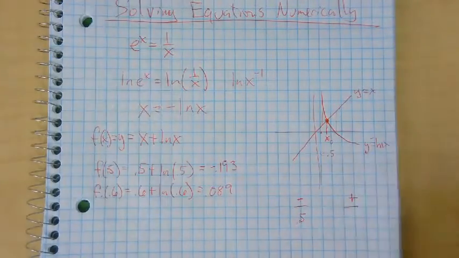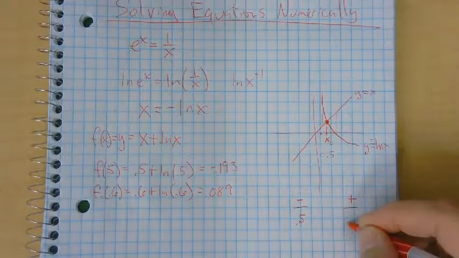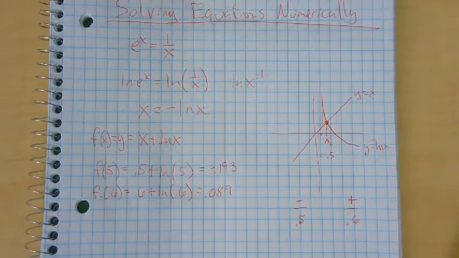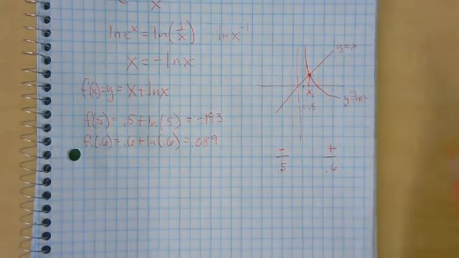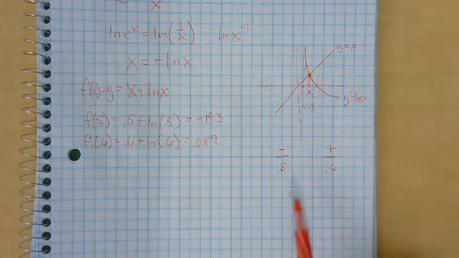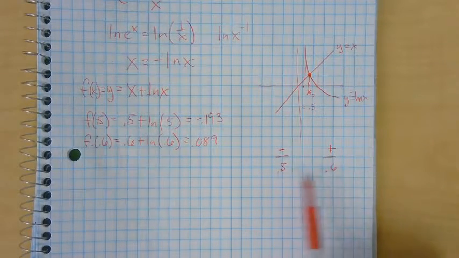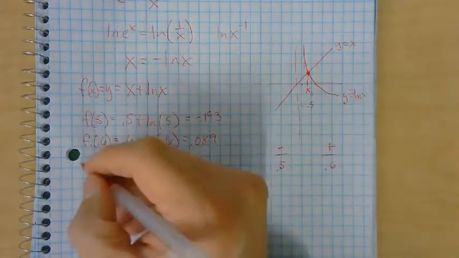All right, well that's positive, which tells me that 0.6 was over here on the positive side. All right, so what does that tell me? That tells me my root is somewhere between 0.5 and 0.6. Okay, well let's try to narrow this down a little bit. Well, somewhere in between here is 0.55. Let's plug that in.